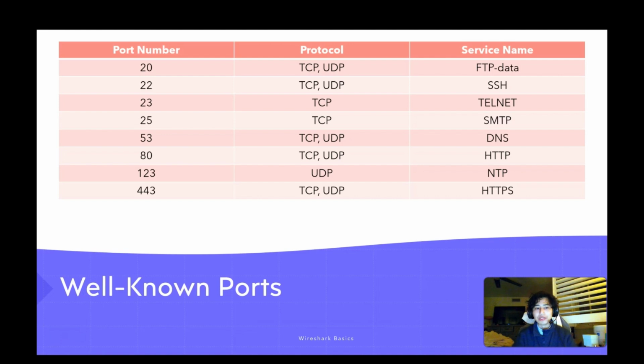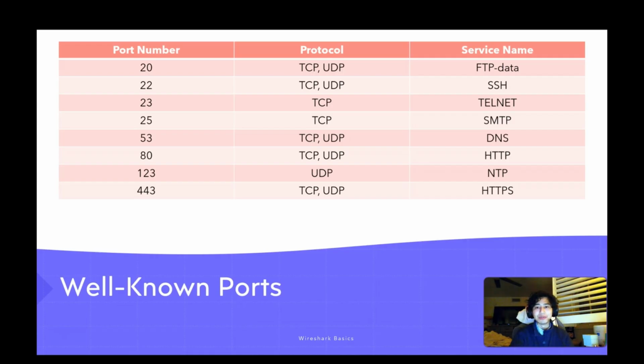So, well-known ports. Really, ports can be assigned as any number, but we like to use a standard so that we assign the same protocols or services to the same ports. And so if you know the port number or the service, you can associate them with each other.